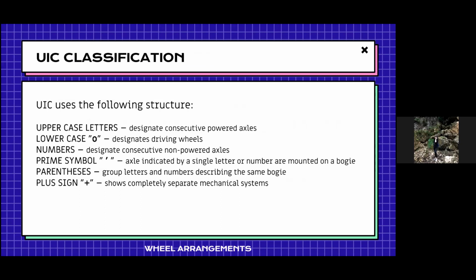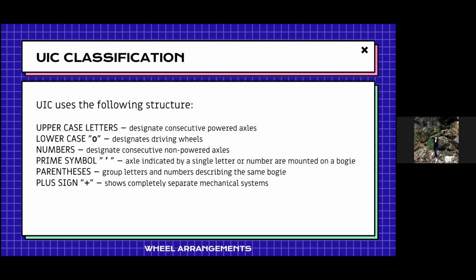Yung lowercase o naman, designates for driving wheels. For example, pag sinabing Bo, which is yung may malaking B, tas may maliit na o, meaning 2 powered axle driving wheel siya. Next is yung numbers, which is designate to consecutive non-powered axle. For example, 1. Ibig sabihin for single axle siya.